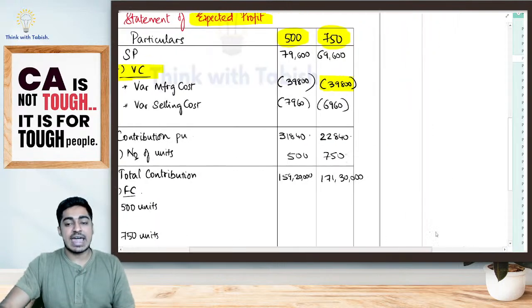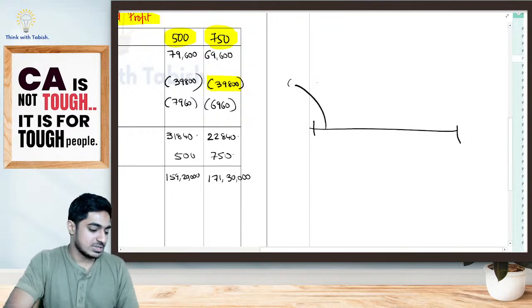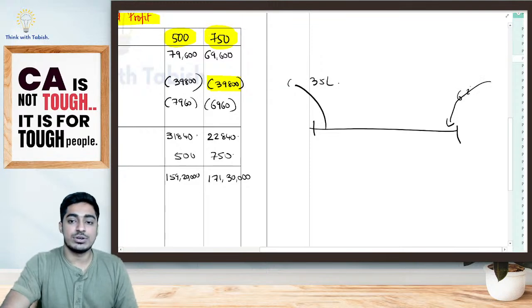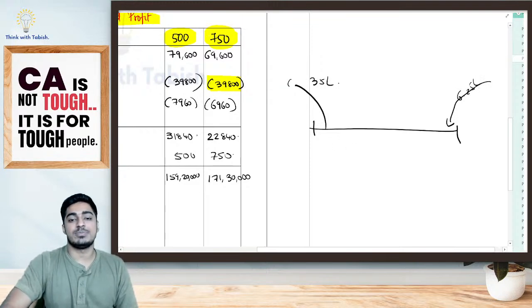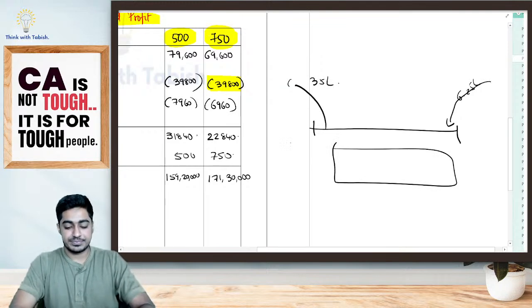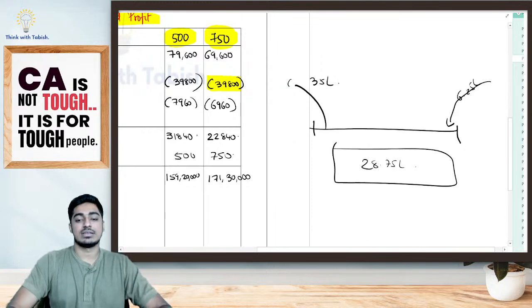Look at this. At the starting of first year, I've paid 35 lakh. At the end of second year, I'm getting 6.25 lakh. So net how much have I paid, students? 35 lakh minus 6.25 lakh. It is going to be 28.75 lakh. Yes or no?